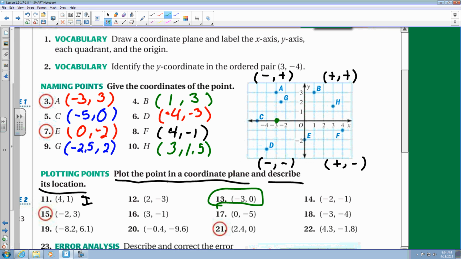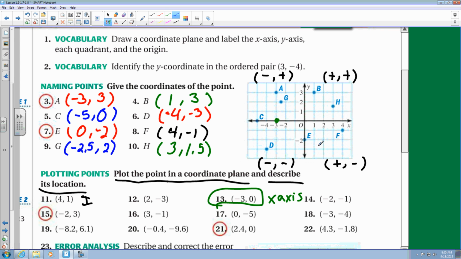And then it's at 0, so I can't move it up or down anywhere. So the location of that point is along the horizontal axis, which is the x-axis. So anytime your y coordinate is 0, the location of your point is on the x-axis.